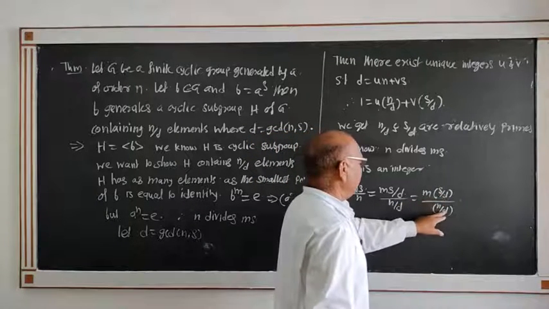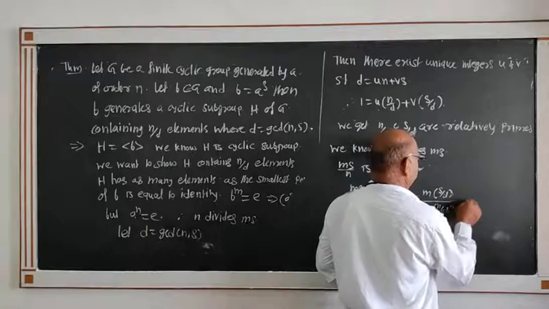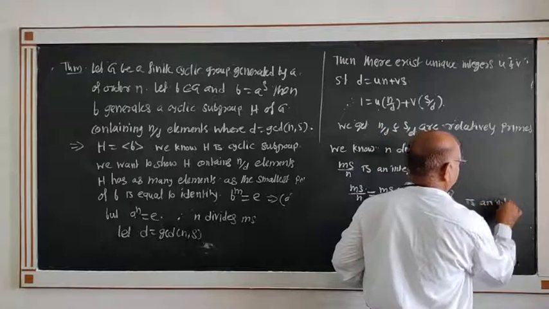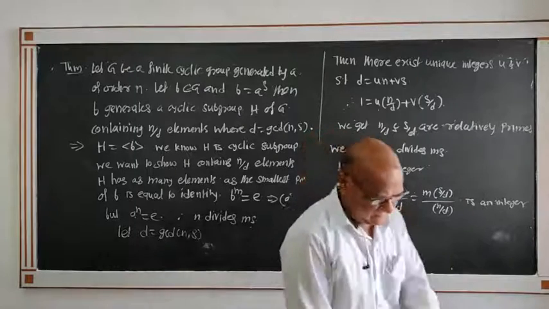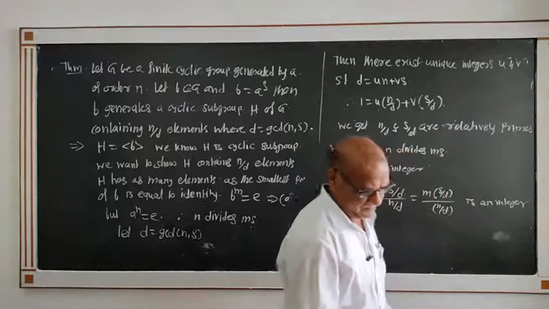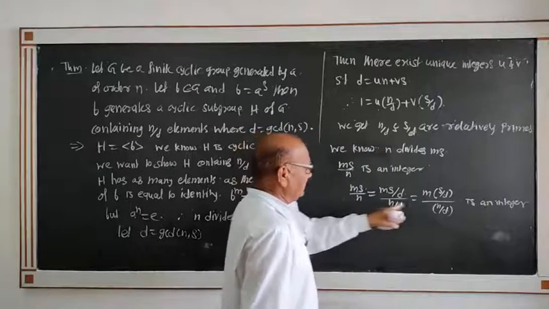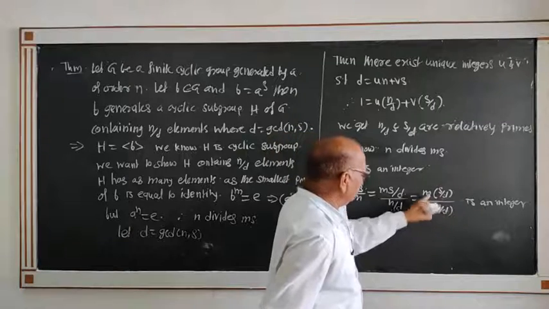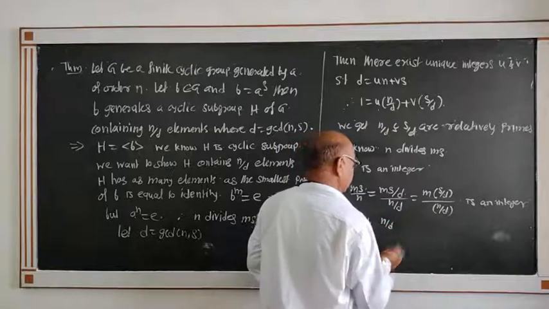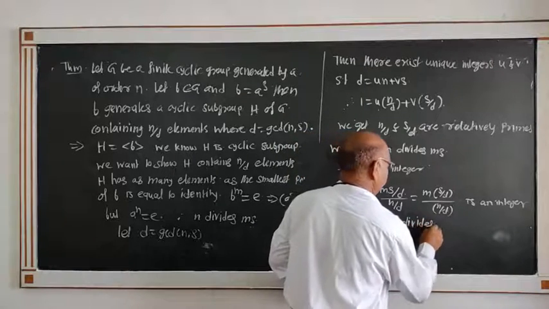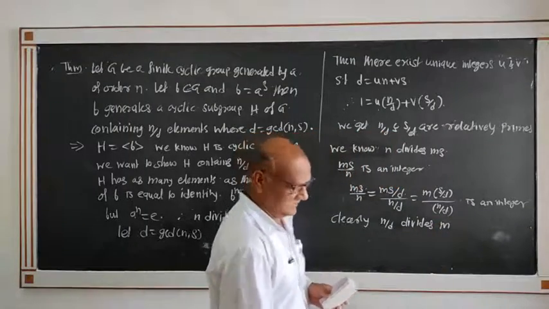Here s by d and n by d are relatively prime, and this is an integer. So clearly n by d divides m.